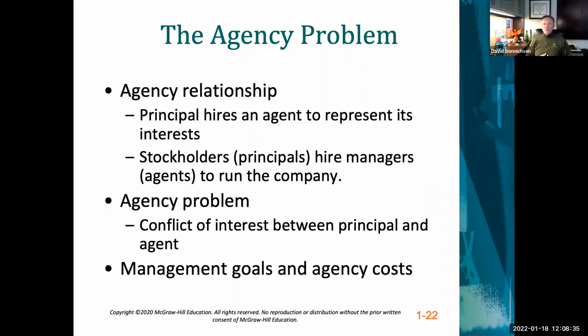We as the shareholders have elected this board of directors, and the actual physical management of the company is going in a different direction than what the people that we have hired have said they need to go. One of the big ones is executive compensation.